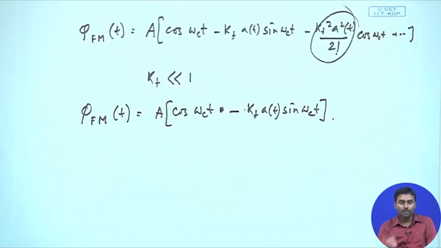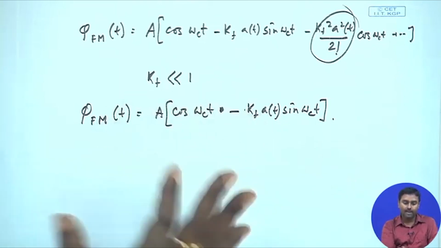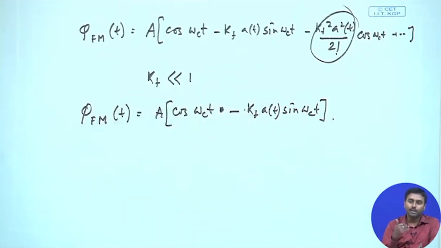We were talking about narrowband FM because we wanted to talk about bandwidth. At this instance, the earlier understanding was that narrowband FM must have frequency deviation almost 0, so the overall bandwidth should be 0. But this is coming out to be narrowband FM. So what is the bandwidth of this?